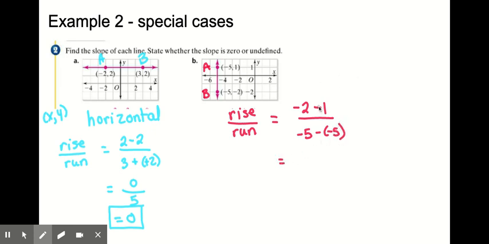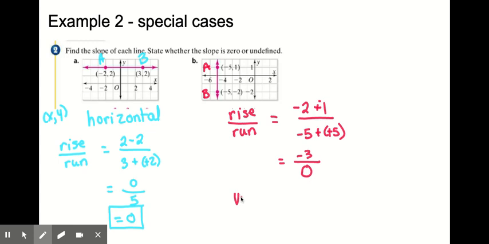Well, -2 minus 1, I change it to adding the opposite. So that's -3. And -5 minus -5 becomes adding the opposite, and -5 plus 5 is 0. But if my whole is 0 and I have -3 things, that doesn't make any sense. And you're right.